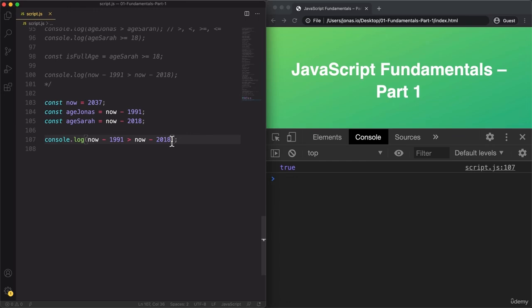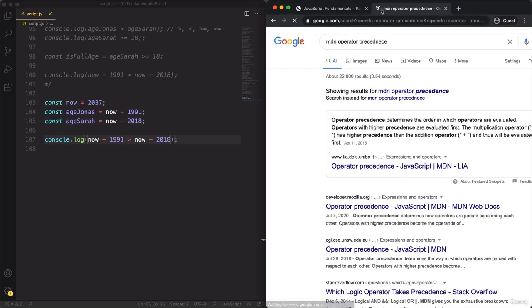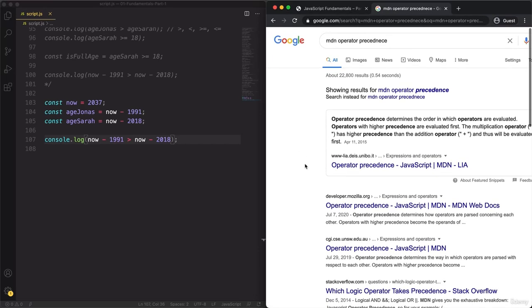And to actually see the precedence of all the different operators, let's check out a very handy precedence table. So let's Google MDN, which stands for Mozilla Developer Network, and then Operator Precedence. And so the one you're looking for is this one, the one that starts with developer.mozilla.org.